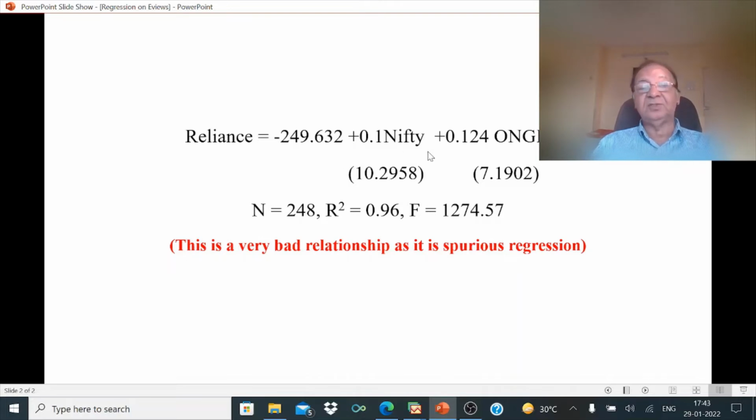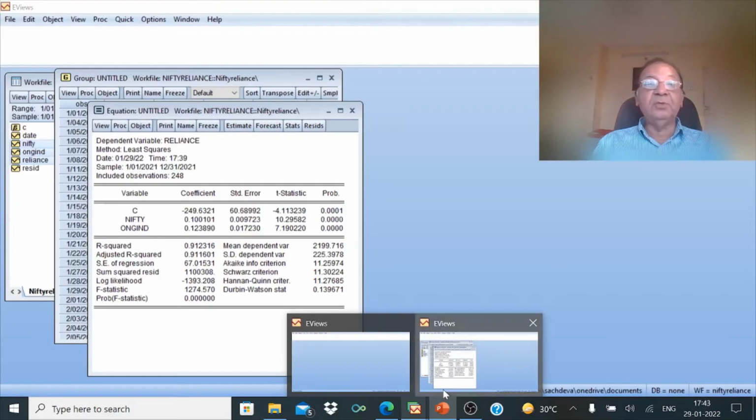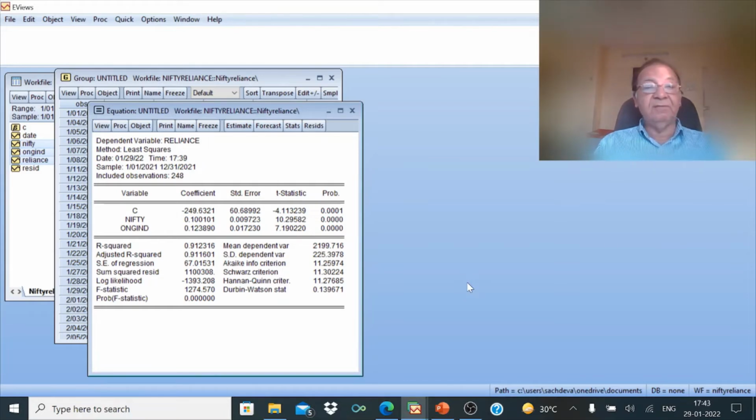96% variances of Reliance are explained by Nifty and ONGIND index. F is very high. Now let us see why I say this is a very bad relationship and it is a spurious regression. Let us see what we can do with EViews, how we can see whether this is a bad relationship.